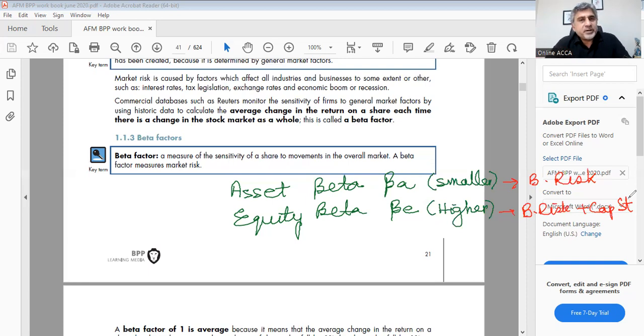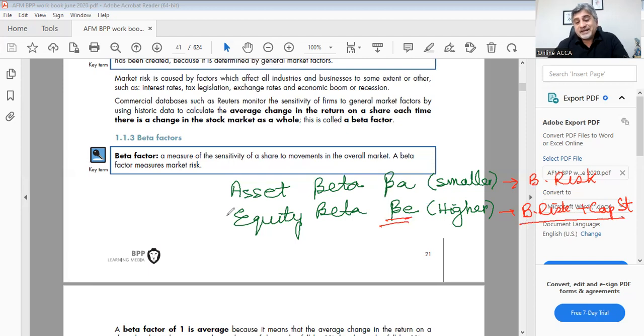So when I say equity beta, it means the risk which is faced by the equity shareholders. And that includes two types of risks: the risk of the nature of the business, and the risk which arises due to the addition of debt into your capital. So equity beta is always a bigger value because it has two types of risk.